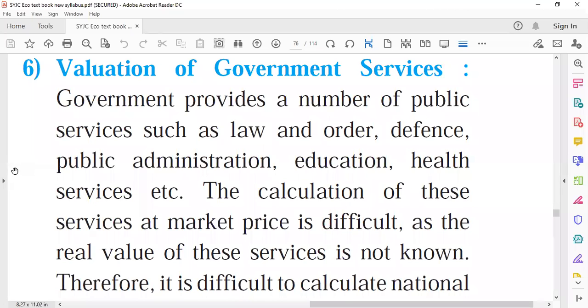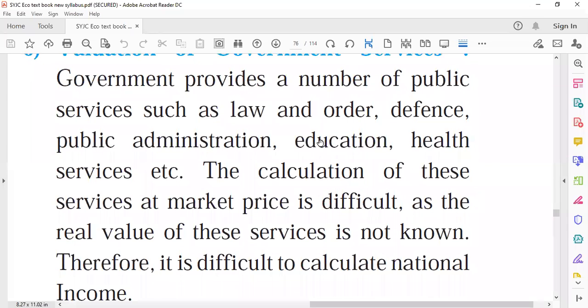But the calculation of the value of these services is very difficult, and the exact value is not known, and therefore we are not able to calculate the exact value of national income by calculating the exact value of the goods which are provided by the government.